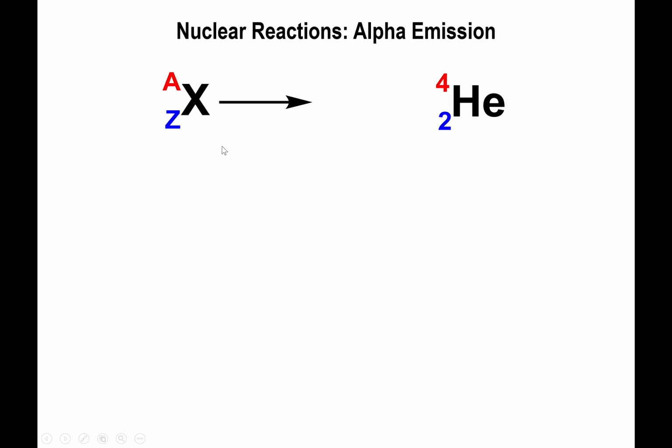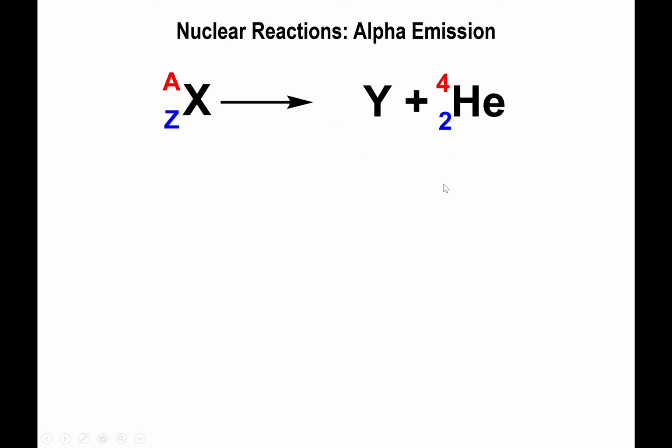If we keep the isotope on the left completely symbolic, we can actually write this in symbolic format as well. The value of Z for the left side of the equation has to be equal on the right side.